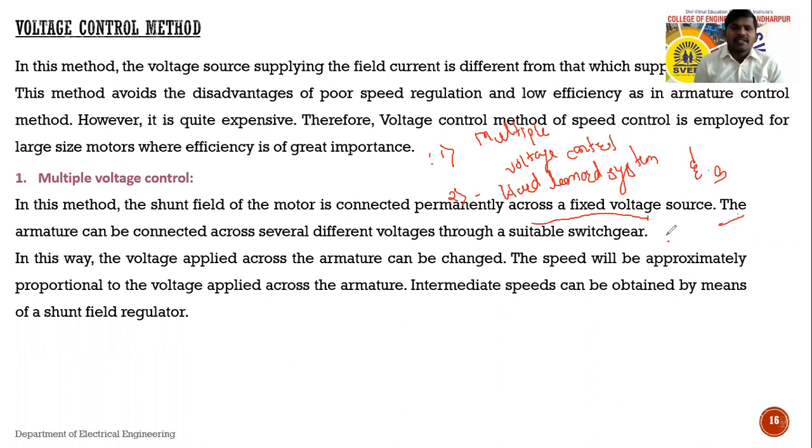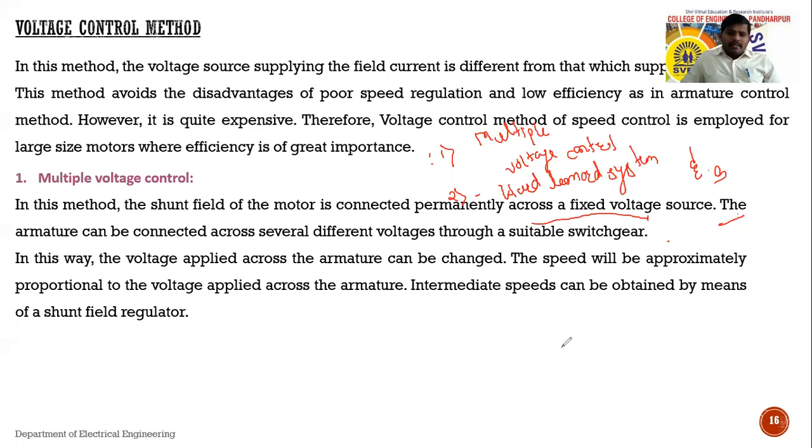We are connecting the field winding to a fixed voltage source, and applying a change in voltage only for the armature. So the voltage applied across the armature can be changed.